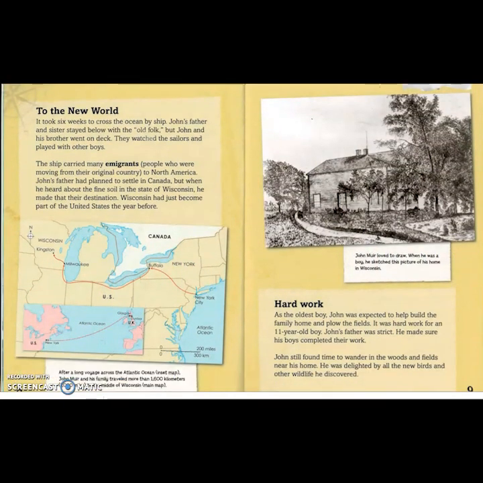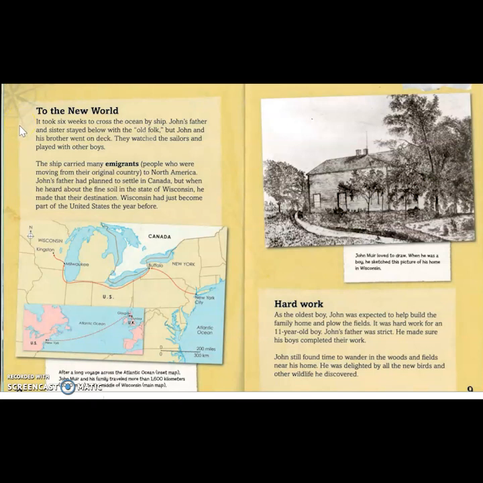So going back to the idea of first-hand and second-hand account, boys and girls, when we look at this text, I know that this is a second-hand account because this is someone just reporting information about this immigrant by the name of John Muir. It's not using the words I or we or me.